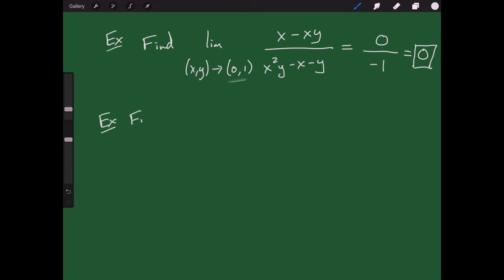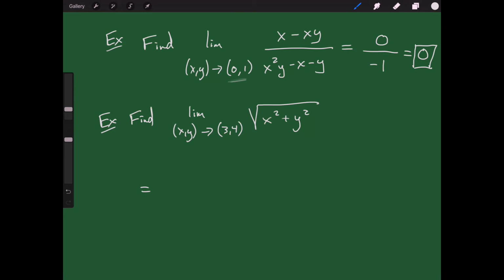Let's find the limit as (x,y) goes to (3, 4) of the square root of x squared plus y squared. Again, if I can, let's just plug in the point. Am I going to cause division by 0 by plugging in 3, 4 for x and y?